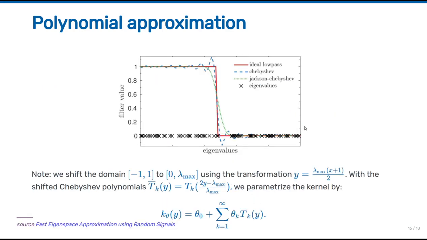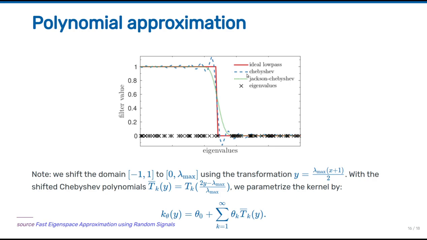In particular, if you want to do a low-pass filter on a graph, which is this red line, you really want your kernel to be very flat here and very flat over there. Here because you want to keep the low frequencies, and there because you want to kill the high frequencies, so you want your kernel to be 0 over there. And the Chebyshev polynomials probably help you ensure this.